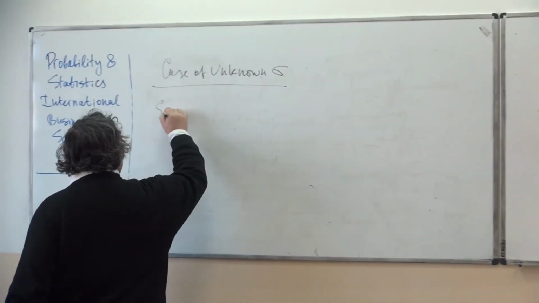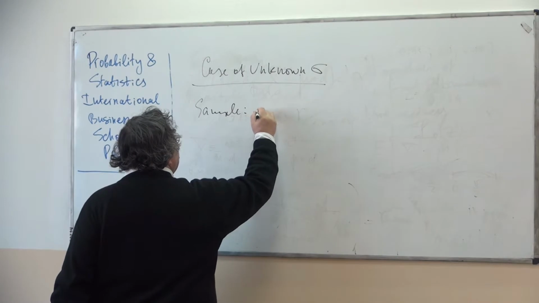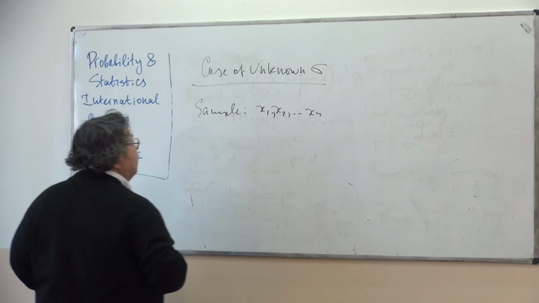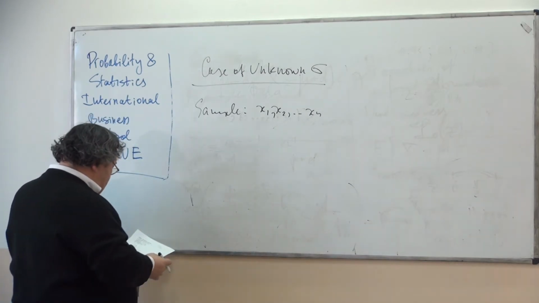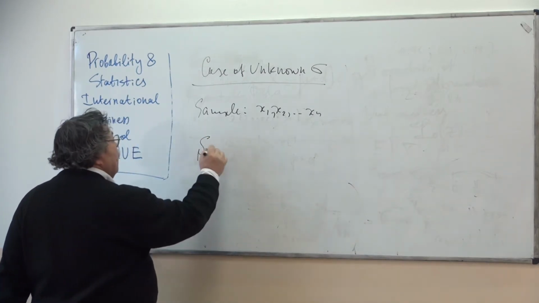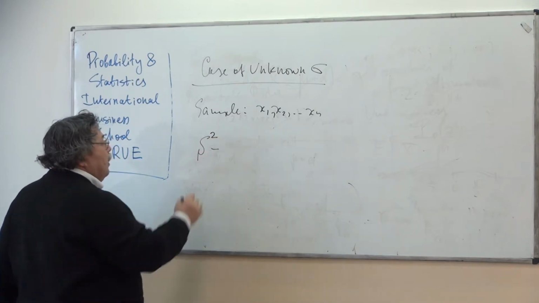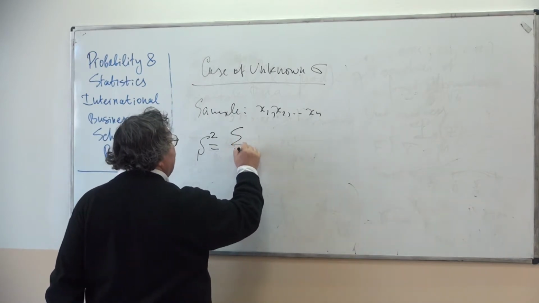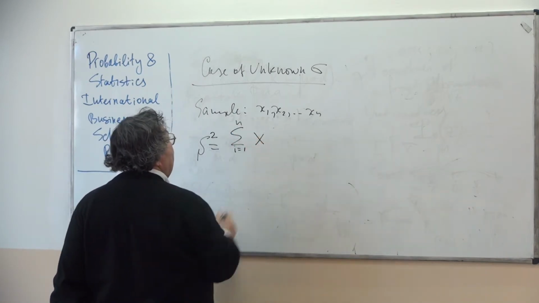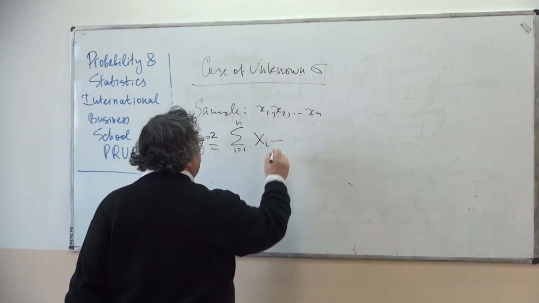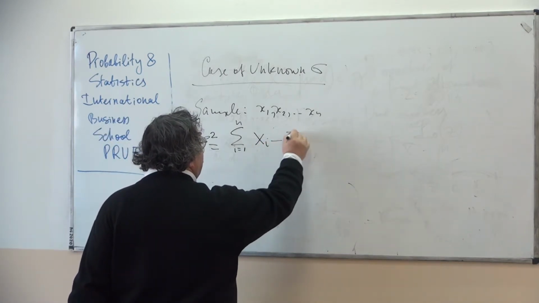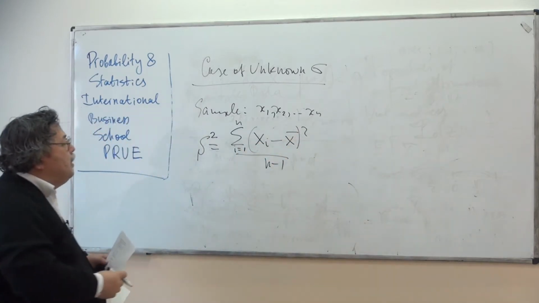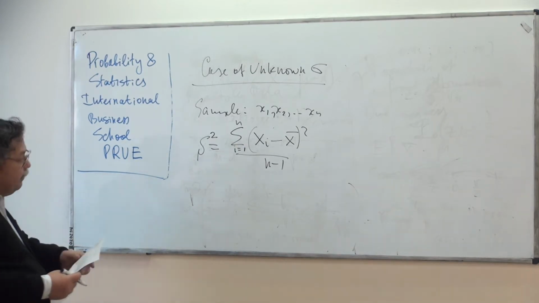So, sample, again, x1, x2, xn, sample. And now, all right, this is called sample variance.